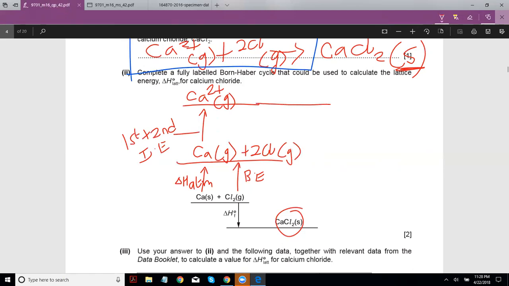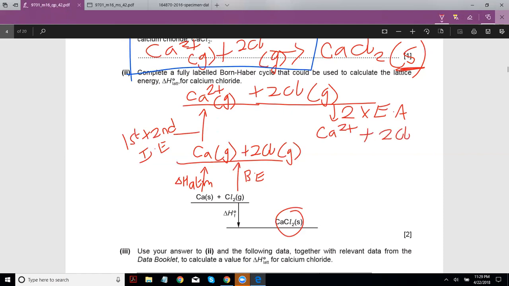Chlorine's electron affinity will go down a bit, because the first electron affinity is exothermic, and the ones after that I believe are endothermic. So this is 2 into electron affinity of chlorine, because there are two atoms. So Ca2+ plus 2Cl-, and both of these are gaseous, obviously.